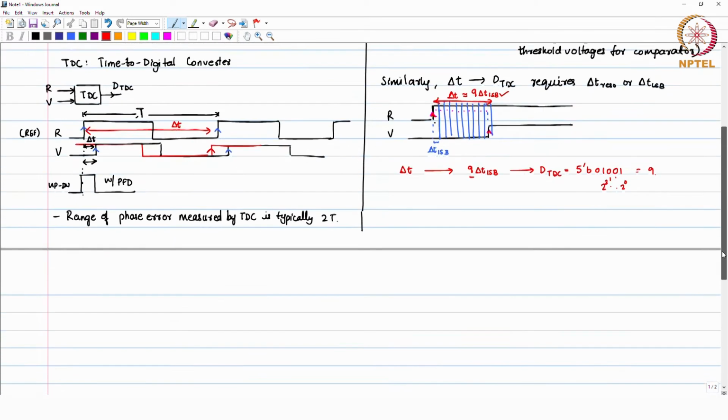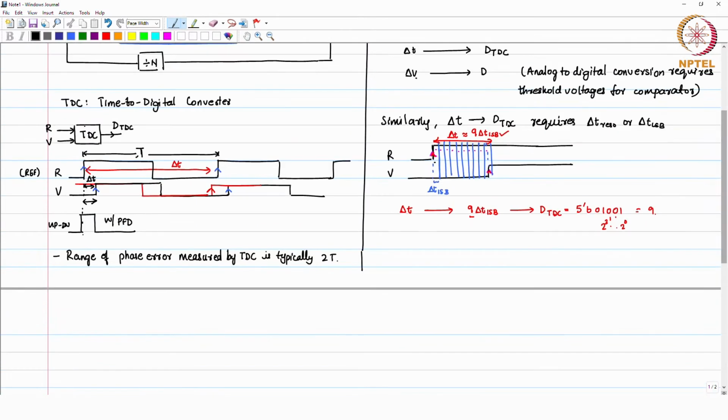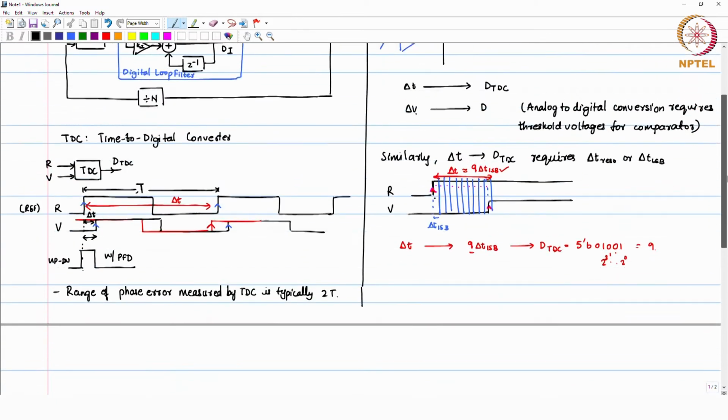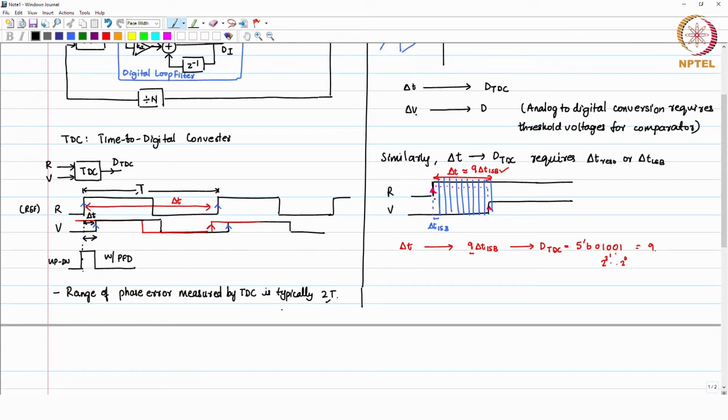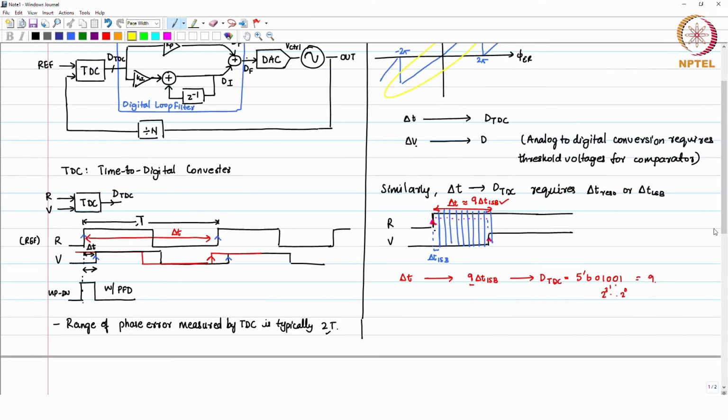So, if you look at it, what we need from this TDC block is the information about what is the delta T LSB, and the range which we are going to measure with the TDC normally max will be -1 reference period to +1 reference period, like the one which we had here. Okay, -1 reference period is -2 pi, +1 reference period is +2 pi.